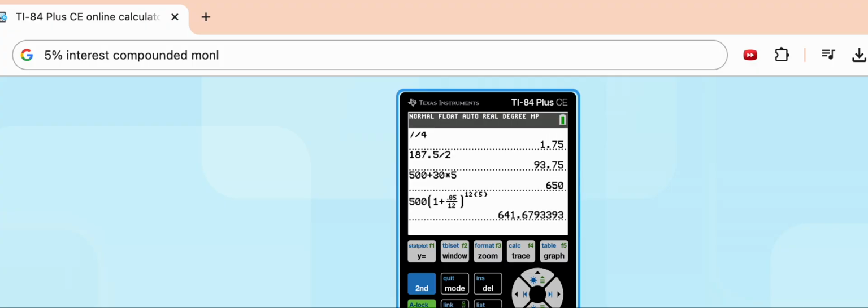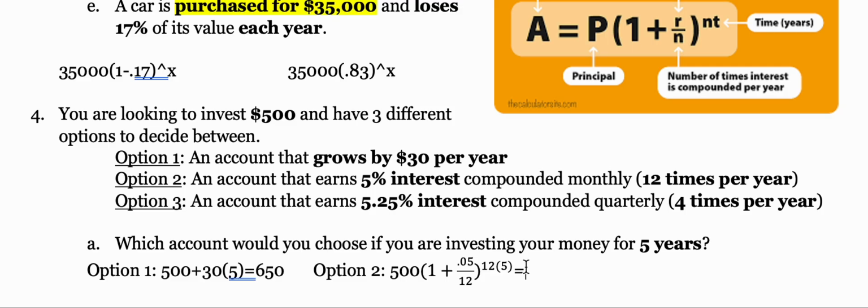That equals $641.68. I'm going to round that, and I'm just going to put the dollars here.